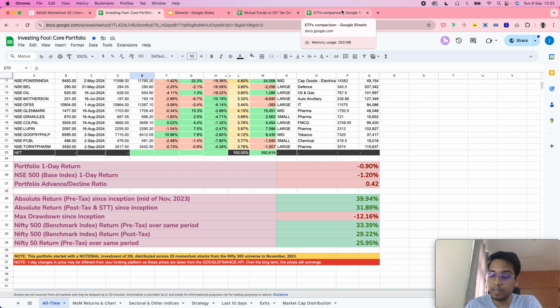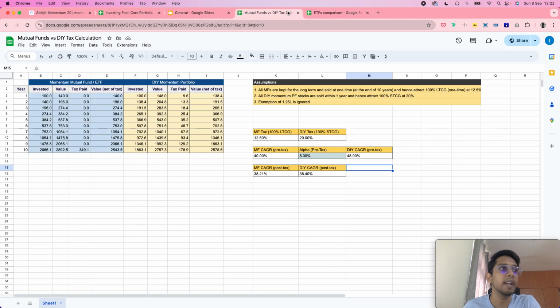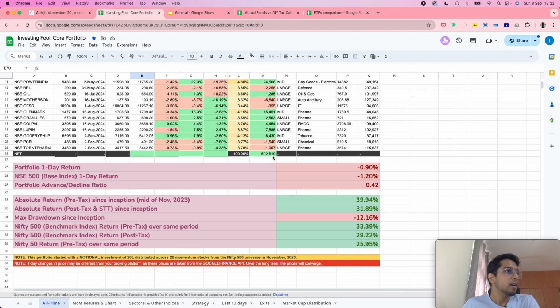When the mutual fund returns are lower, then the alpha required would be relatively lower, okay? If you need, just let me know, I'll share this link. It's anyway just a rough calculation, so you can play around with the values.